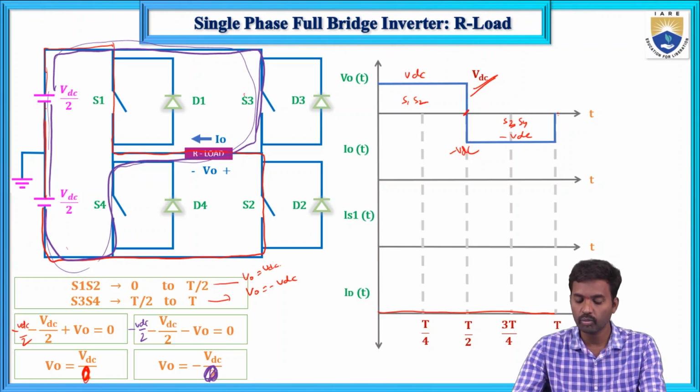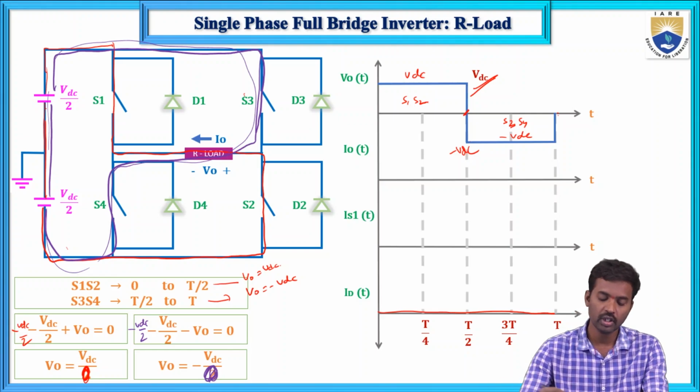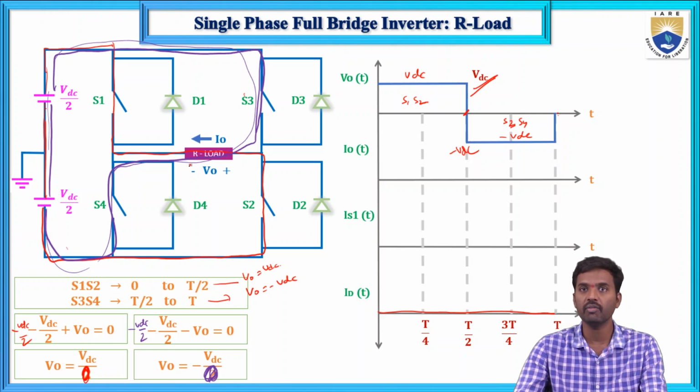And next, what about the output current? This is the R load, meaning a voltage type of load. It will follow the output voltage without any deviation. Whatever the output voltage, the output current has the same shape.